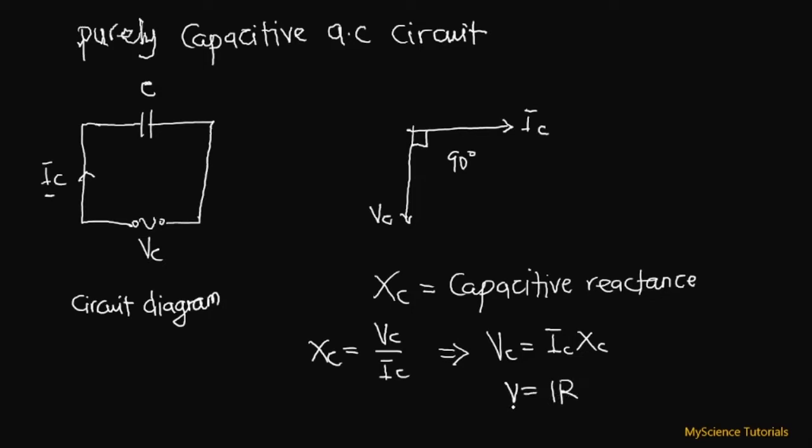In this case, the voltage is the capacitive voltage, the current I is the capacitive current, and the resistance of the resistor in a direct current circuit is, because this is an AC circuit with only a capacitor, the capacitive reactance. So this is just Ohm's law rewritten in an AC format. This is for AC circuit, and this is for direct current.